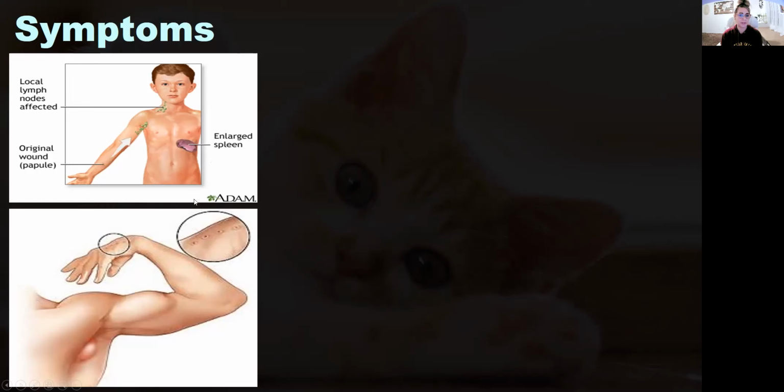In some circumstances, there is an enlargement of the spleen, such as shown here. And again, right here, there's a bite or a scratch or a wound. And if you follow that down, same side, right underneath the armpit here, you will see another swelling of the lymph node.